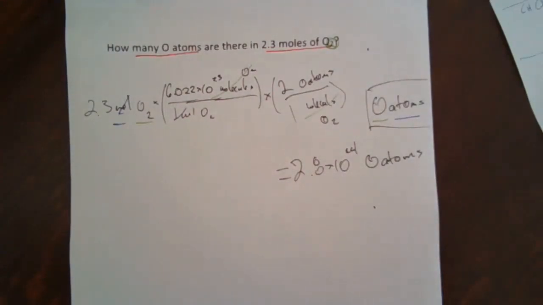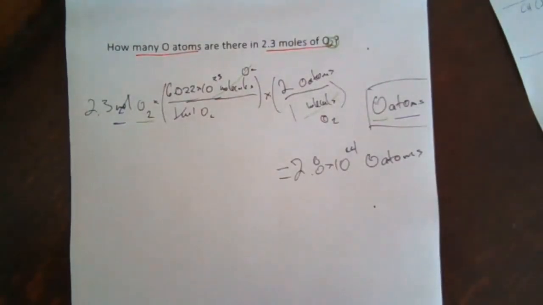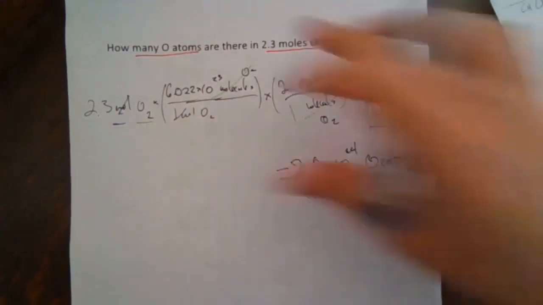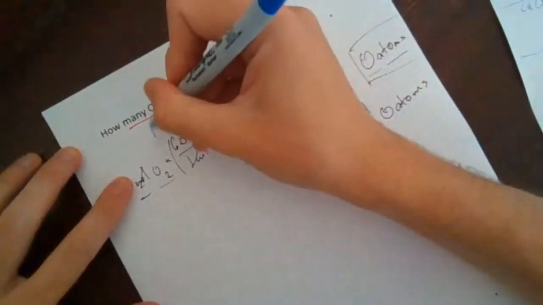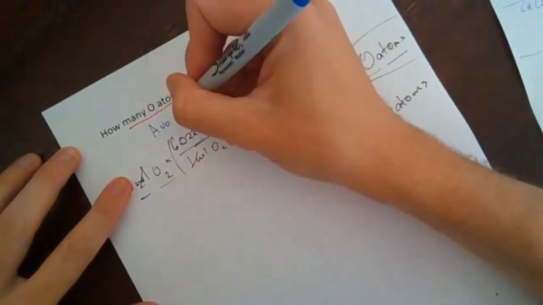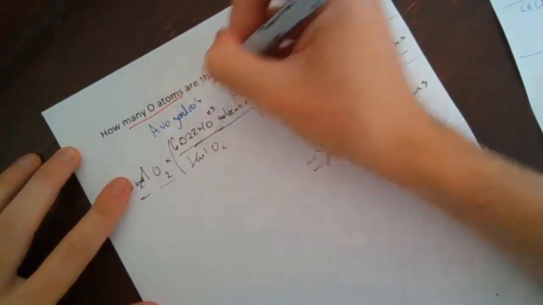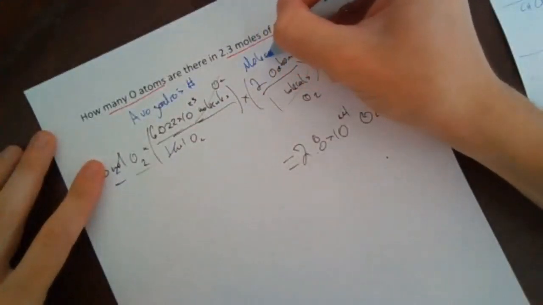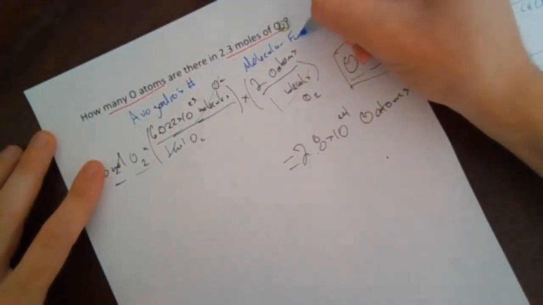Avogadro's number really gets in the way. And so we can see when we're working through this, these parts that we've used are still the things that we were using previously. We've just joined them together. This is still Avogadro's number, and this still comes from the molecular formula.